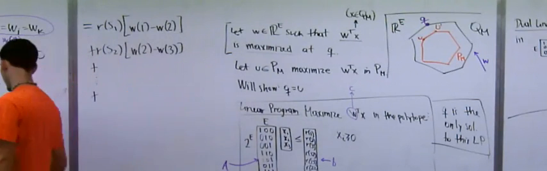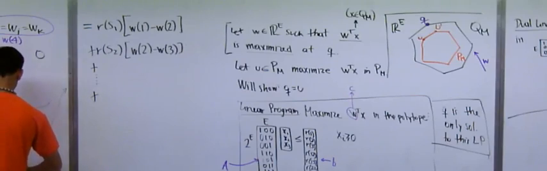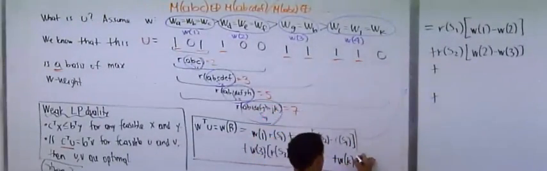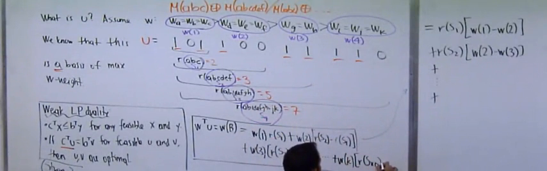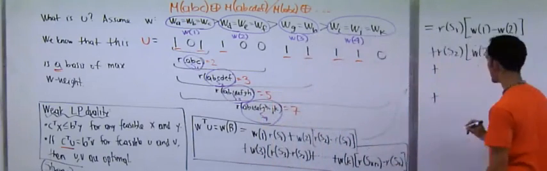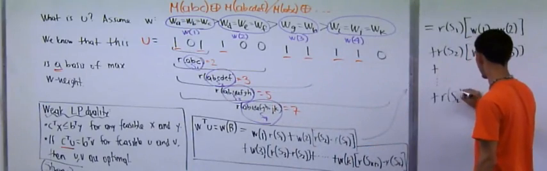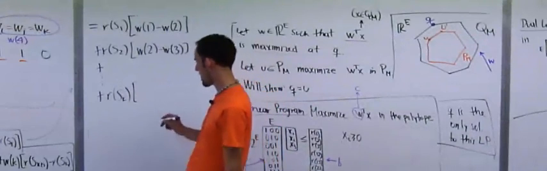Maybe I should just put a last term here. So if the last term here was W of K times rank of S sub K minus rank of S sub K minus 1, then the last guy that you're going to have here is, well, this is not the last one.